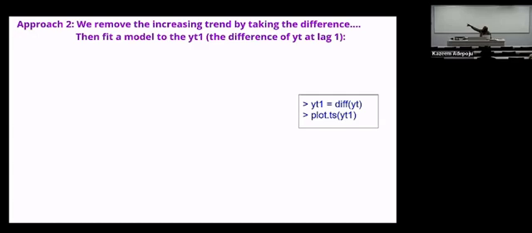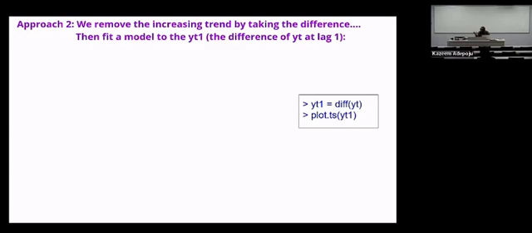Can you see what I'm doing right now? I want to difference, I call it YT1, and I write DIFF of YT. It means I want to difference at lag 1. Does that make sense?